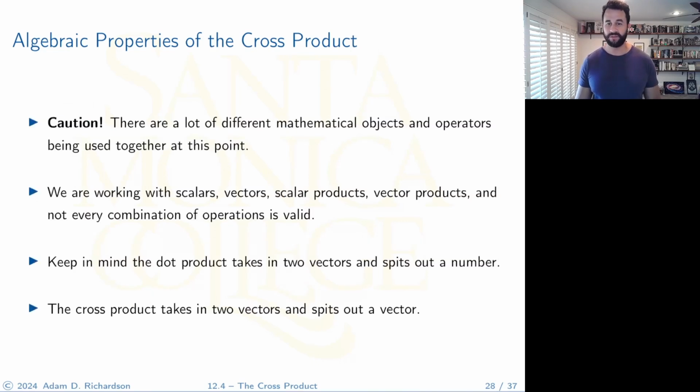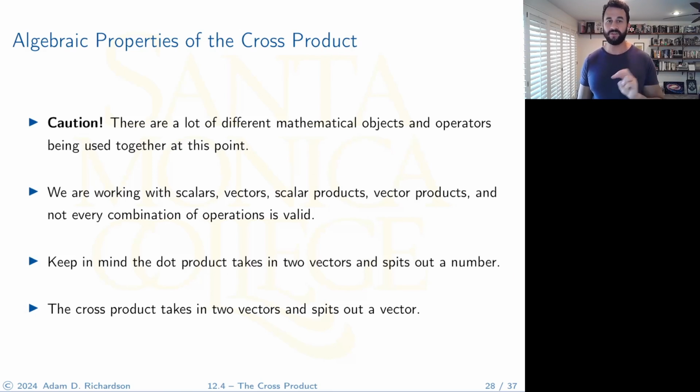This one in particular is a good one to think about, because I've got a cautionary note for you. There are a lot of different mathematical objects and a lot of different operators flying around at this point. So you really have to keep track of what the results of these operations are. Remember, the dot product gives you a number, the cross product gives you a vector.